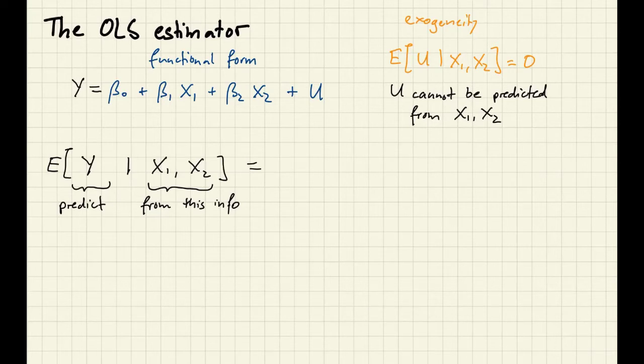Well, to predict y, we have to predict the regression curve plus the unobserved component or error term. Now, under the exogeneity assumption, we cannot predict u from x1 and x2, so we would predict a 0 for this part. This means that to predict y, we just have to predict the regression curve.